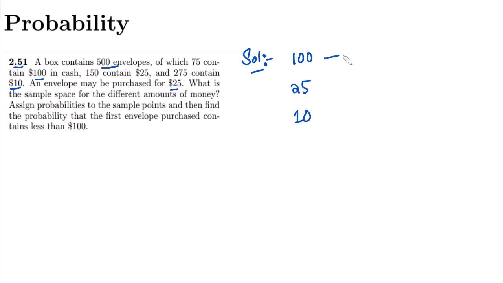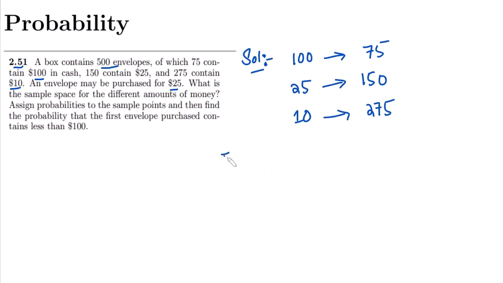How many envelopes are of $100? These are 75. How many of the $25? These are 150. And how many are of $10? These are 275. So these are the different amounts of the envelopes.